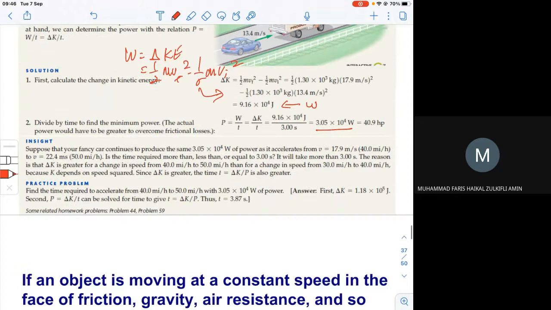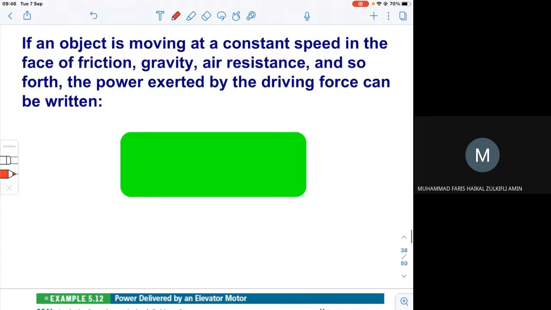Okay. All right. If an object is moving at a constant speed in the face of friction, gravity, air resistance, and so forth, the power exerted by the driving force can be written as what? Okay. So normally the power driven by these kind of things, especially when the use of force. We know work over time. So what happens is we try to define work in terms of force and displacement.